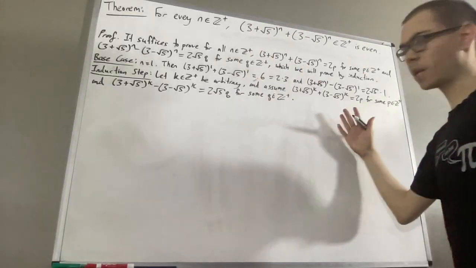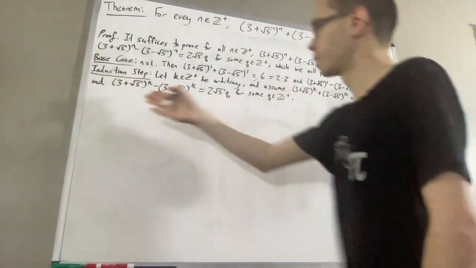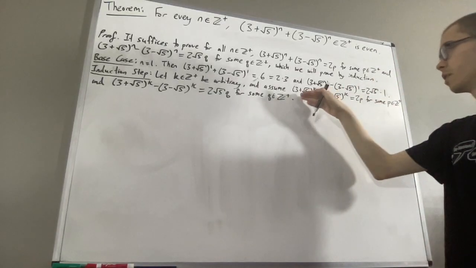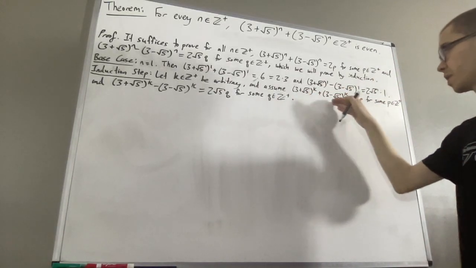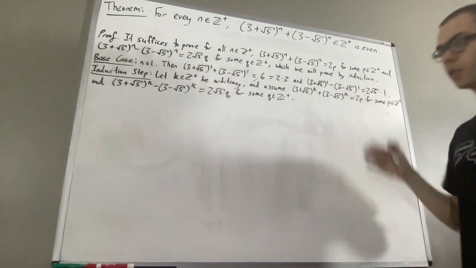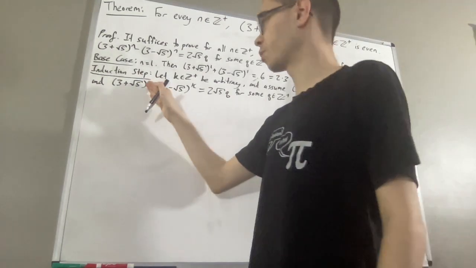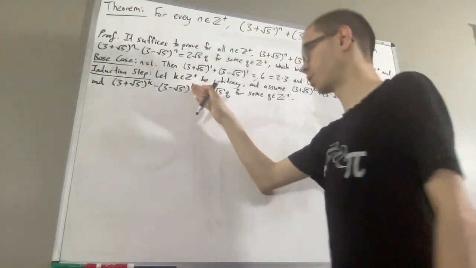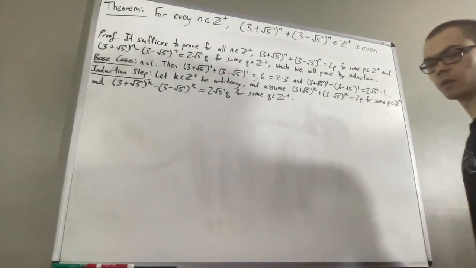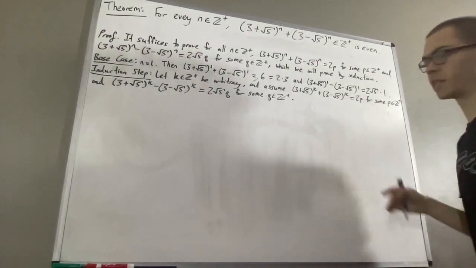The whole goal of the induction step is to establish this for k plus 1. Right? We want to show that this guy to the power of k plus 1 plus this guy to the power of k plus 1 is equal to 2 times some positive integer. And we want to show that this guy to the power of k plus 1 minus this guy to the power of k plus 1 is equal to 2 radical 5 times some positive integer. If we prove that, that will complete the induction step.